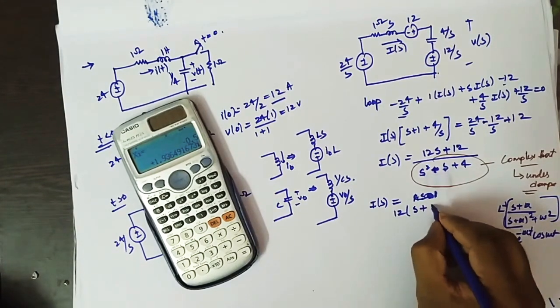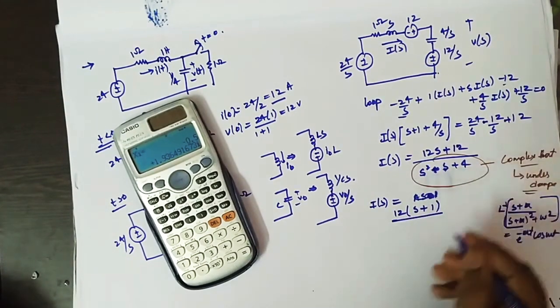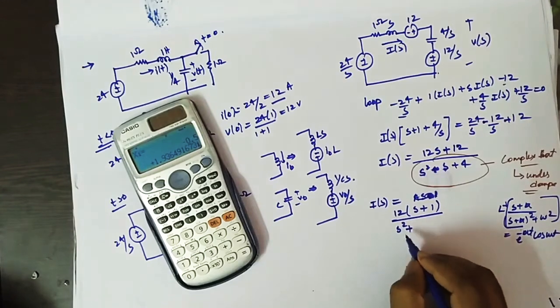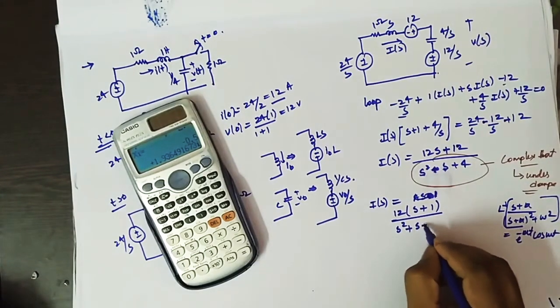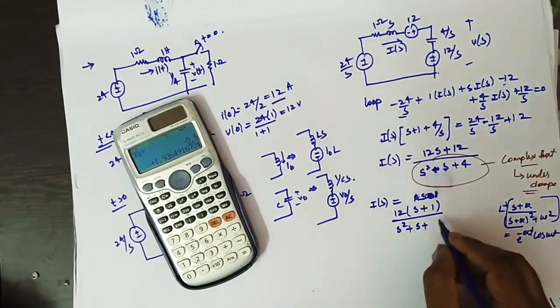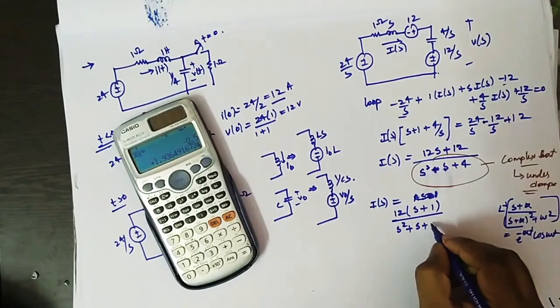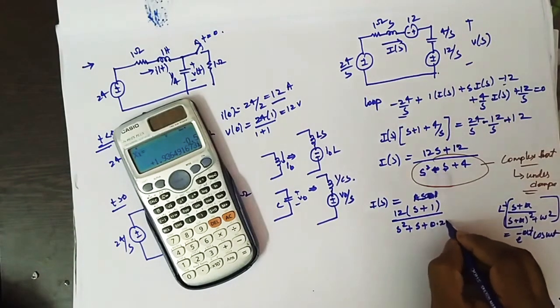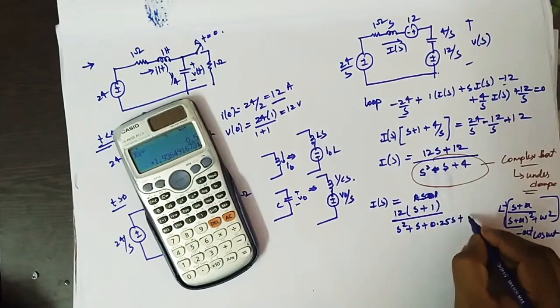So s plus 1. The denominator can be written as s square plus s plus 0.25 plus 3.75.